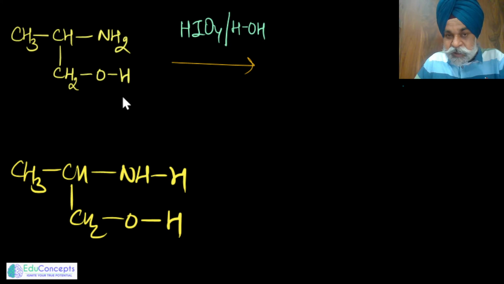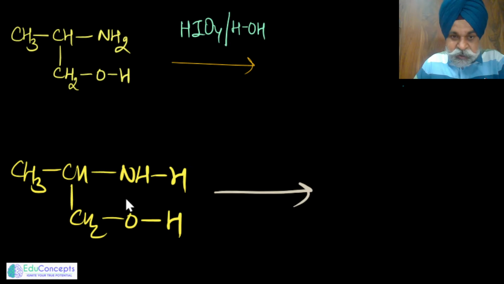Now the point here is how to do this particular reaction. So again I would say what viewpoint we are going to take here. Again, as I said, if I consider the C-N bond or C-O bond, this is -1, this is +1, nitrogen is -1, this carbon is +1.